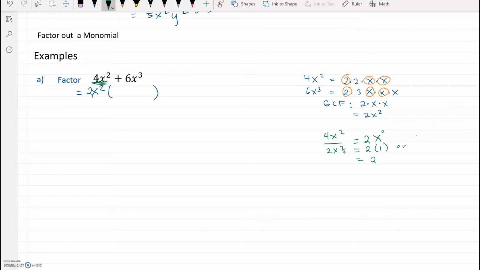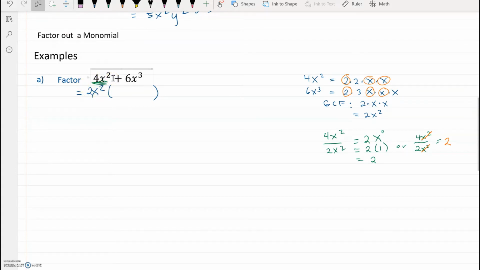Or we could just simply do the cancellation. They both have the same powers. x squared divided by x squared is 1. So we're left with 4 times 1, 2 times 1, or simply 4 over 2. What's 4 divided by 2? 2. So that's what's going to happen when we factor out this greatest common factor from here.